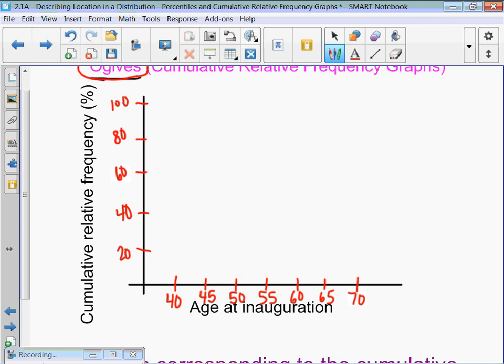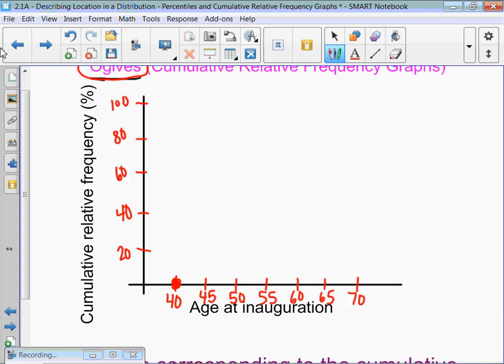All right, these always start at 0, and they always end at 100. So 40 is actually going to start at 0, because this represents the percent of presidents that are under 40 years old, which was nobody. Okay. And then 45 represents the presidents who are under 45.